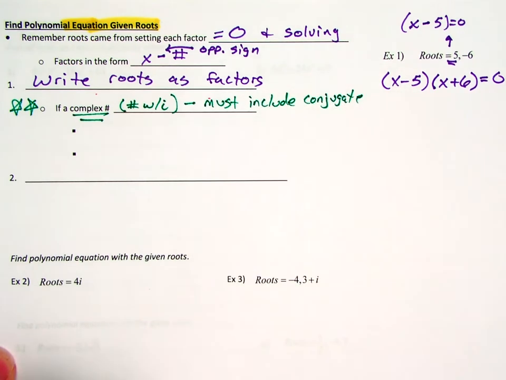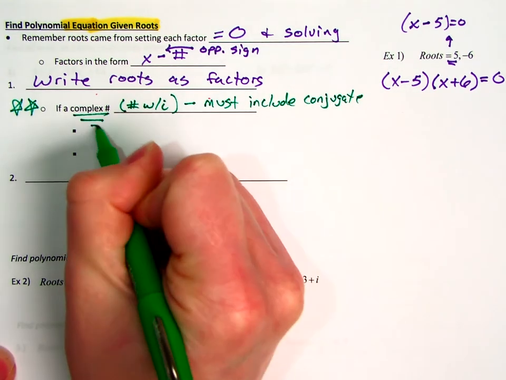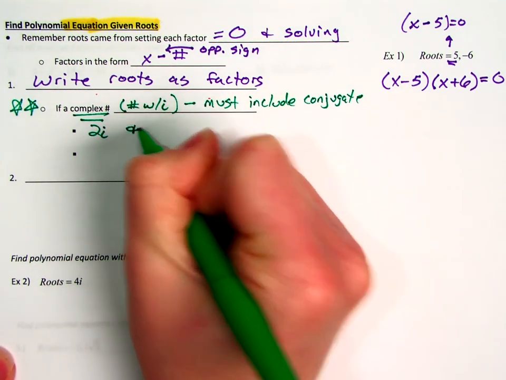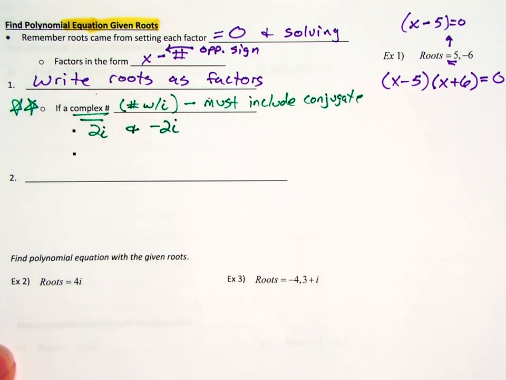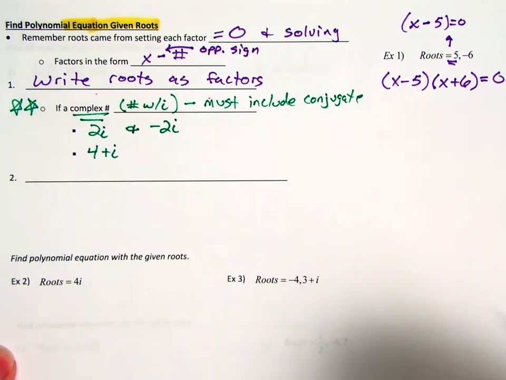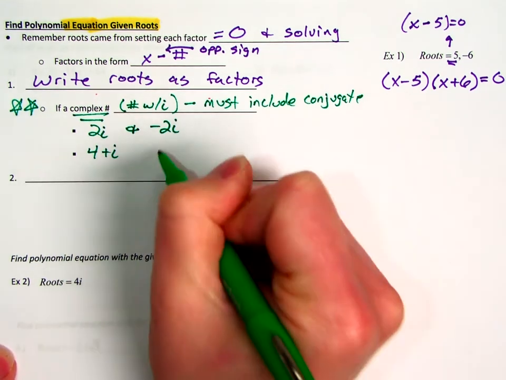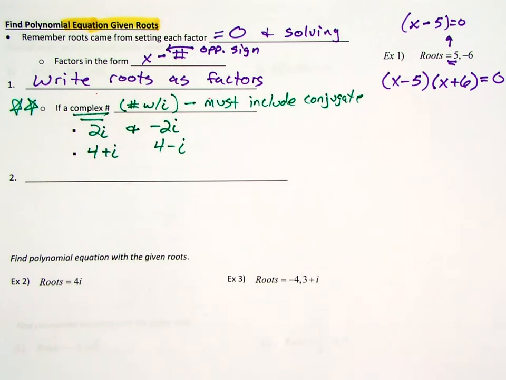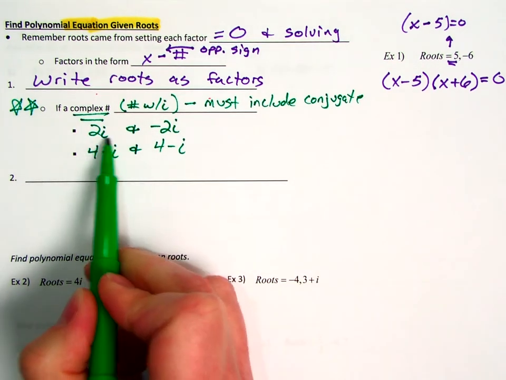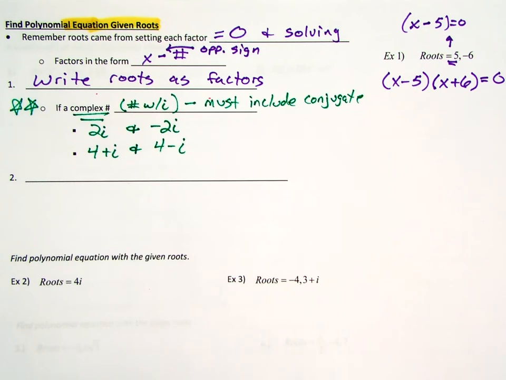If I tell you that the root is 2i, it's not just 2i, it's 2i and the opposite of it, negative 2i. If it was in the form 4 plus i, 4 plus i is not the only root. The other root would also be 4 minus i, because whenever we were solving with roots, we got a positive and negative whenever we got that imaginary number in there. So whenever you are given an imaginary root, you have to remember to also bring in the conjugate of that imaginary root.